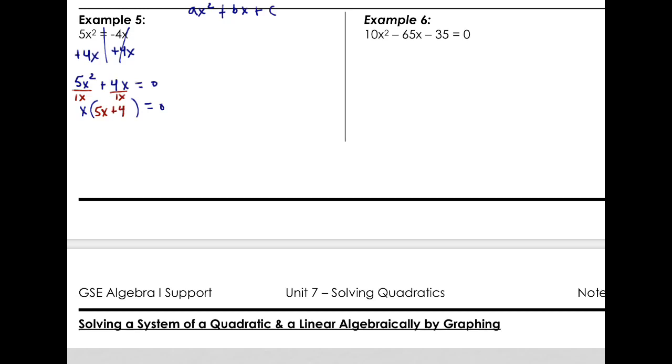And then this invisible 1 subtracted by that invisible 1 crosses out your variable altogether. So you're left with x multiplied by 5x plus 4.